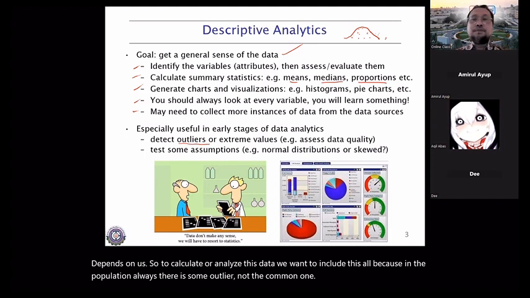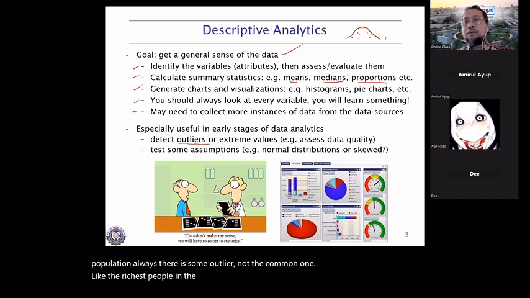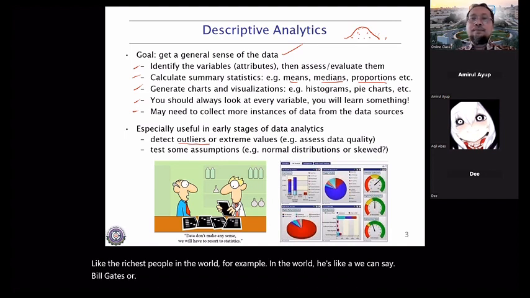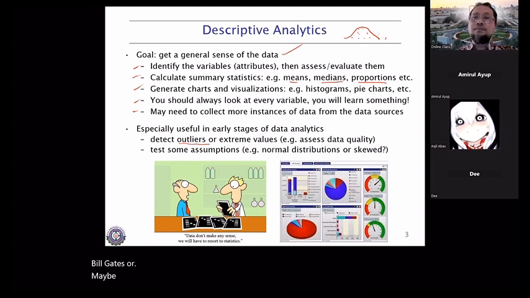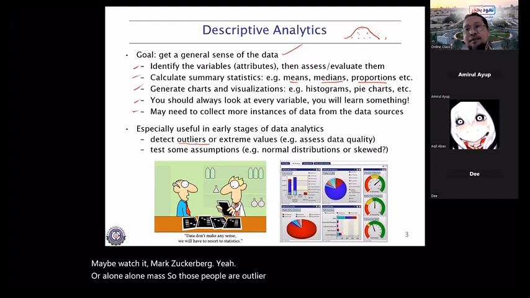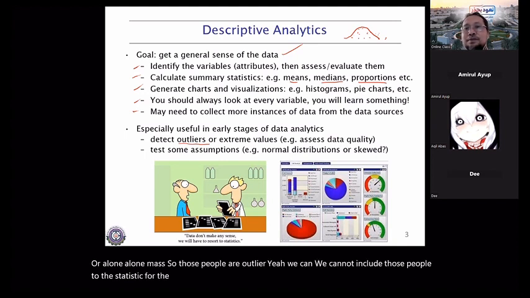Like the richest people in the world, for example Bill Gates, or maybe Mark Zuckerberg, or Elon Musk. Those people are outliers. We cannot include those people in the statistical calculation, because it will create bias.